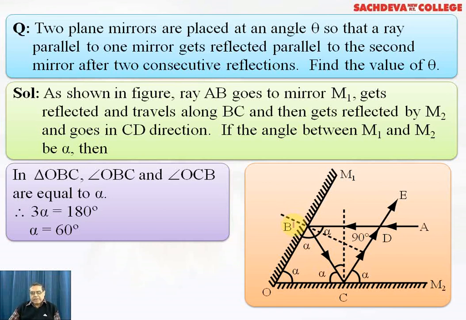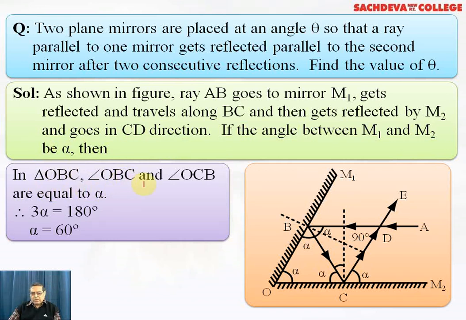Now, from the whole geometry of the figure, we can express it like this. A ray AB goes to mirror M1, gets reflected and travels along BC, as I have explained according to the figure, and then gets reflected by M2 and goes in the CD direction. If the angle between M1 and M2 is alpha, then we consider triangle OBC.